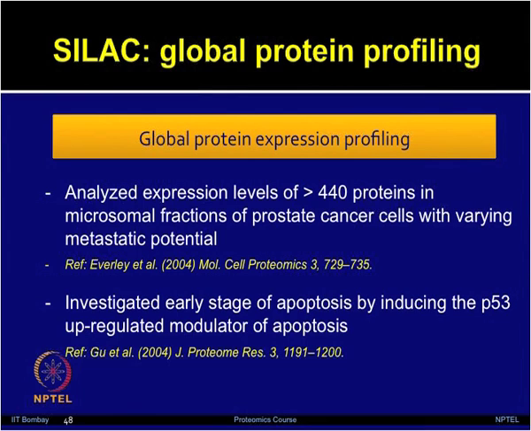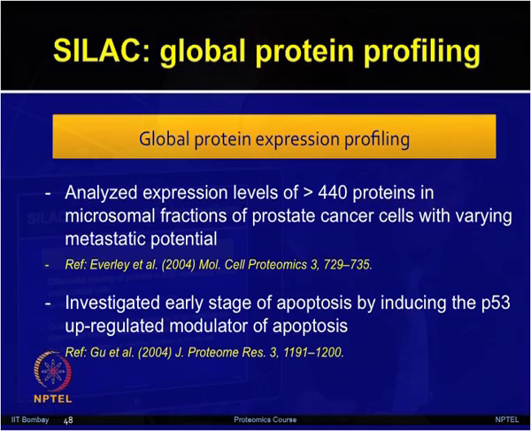So, a study by Everley et al. in 2004 analyzed the expression level of more than 440 proteins in the microsomal fractions of prostate cancer cells with varying metastatic potential. Another study by Gu et al. investigated the early stage of apoptosis by inducing the p53 upregulated modulator of apoptosis.